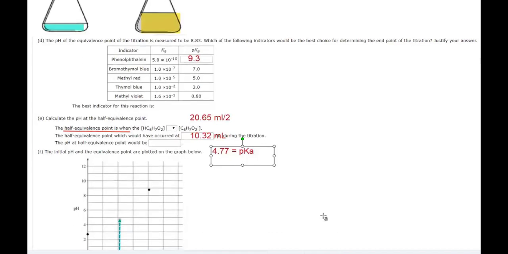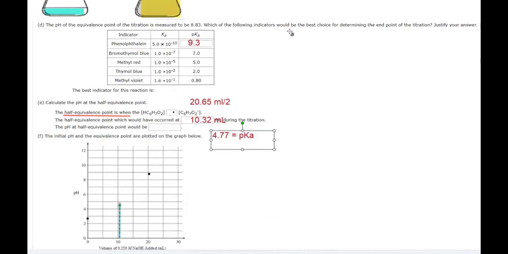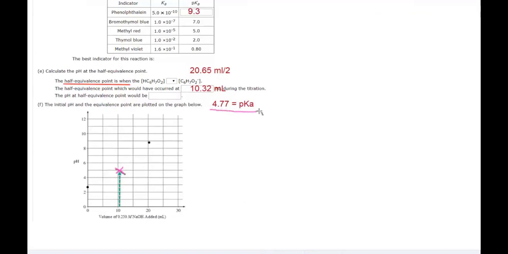So all I've got to do is put an X there, at about 4.7, as the half equivalence point. I've got the pH at 4.77. Here's 5, here's 4. That looks good. I've got the volume right. We're set. That's the half equivalence point.